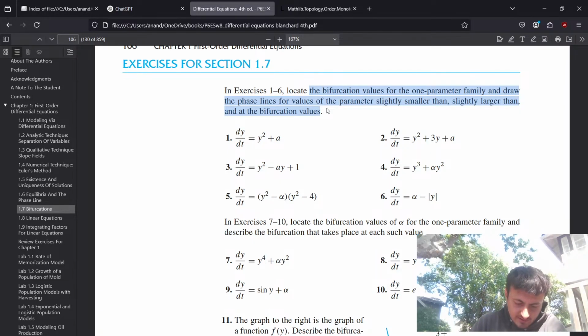Okay, so dy/dt is equal to y squared plus a. So our fixed points are going to be y squared plus a is equal to 0.